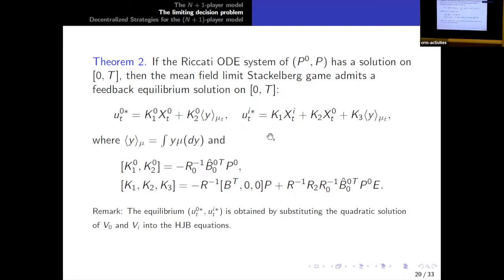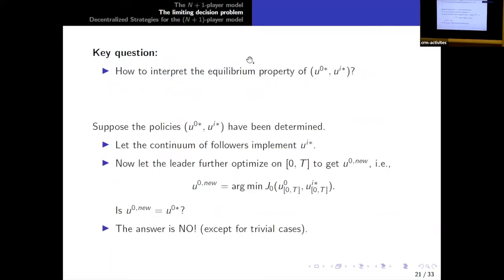For the follower, its control uses its own state, the state of the major player, and also the mean field. So now we have the following big question: how to interpret the equilibrium property?